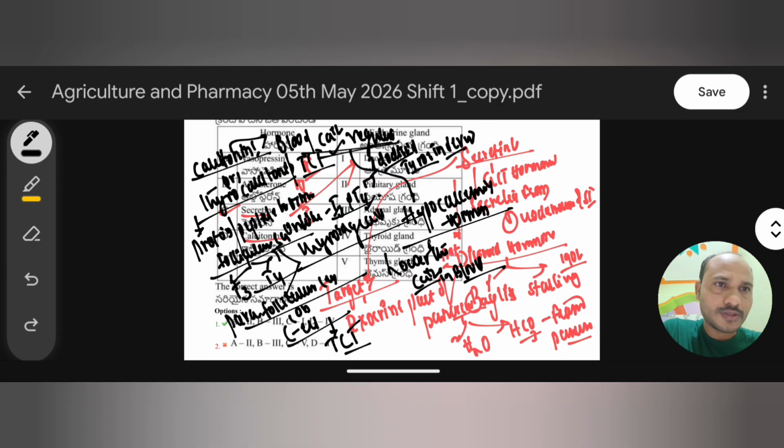Like that it performs as a hypocalcemic hormone. So these are the various functions of calcitonin, which is secreted from the parafollicular cells of the thyroid gland. So calcitonin is from the thyroid gland.